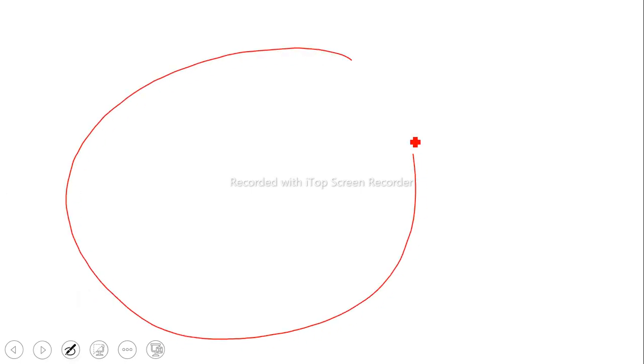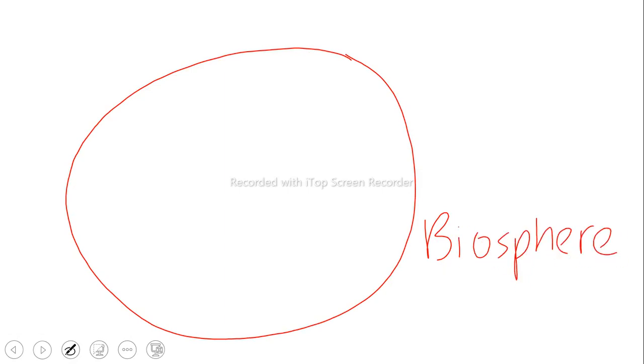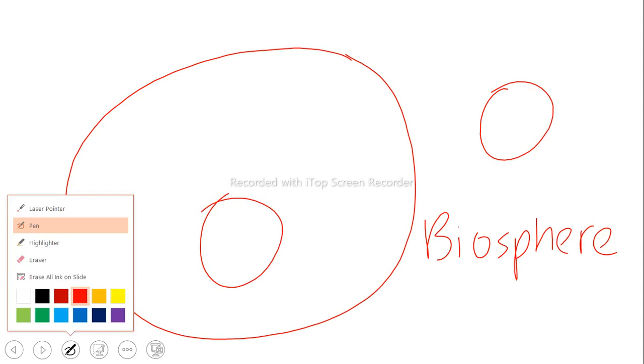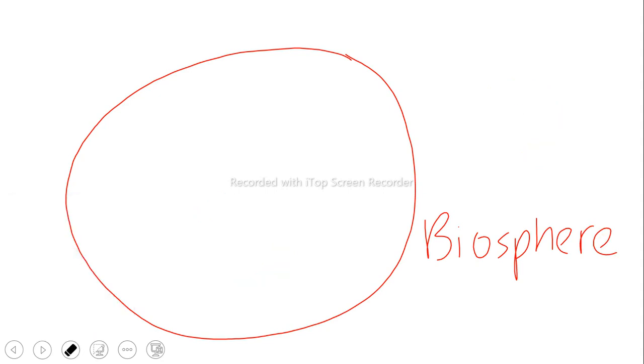Let's say this is the biosphere, right? Where would we put a habitat? Would a habitat be outside or inside? Inside the biosphere, right?